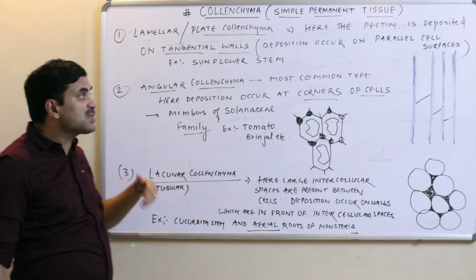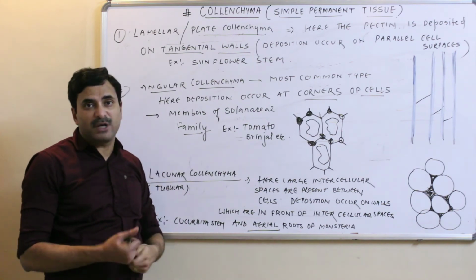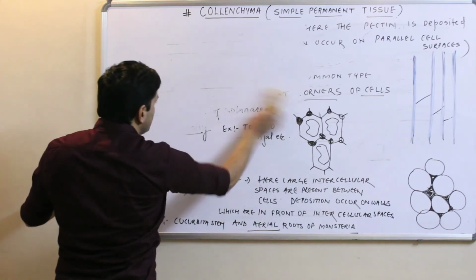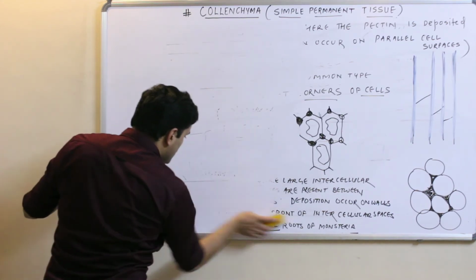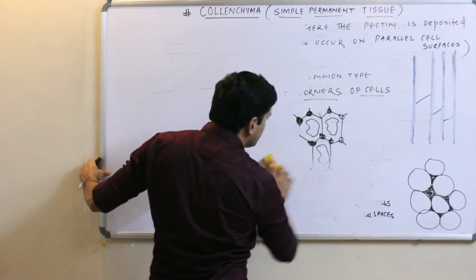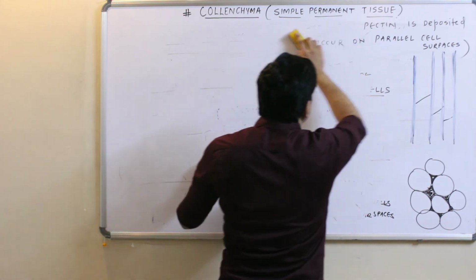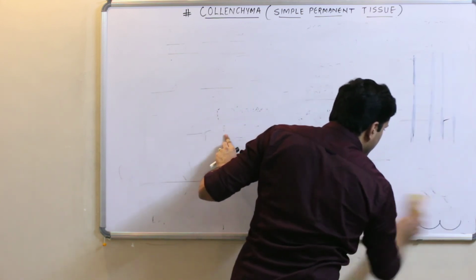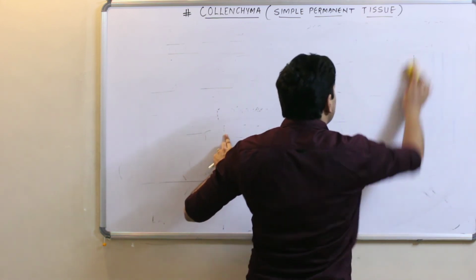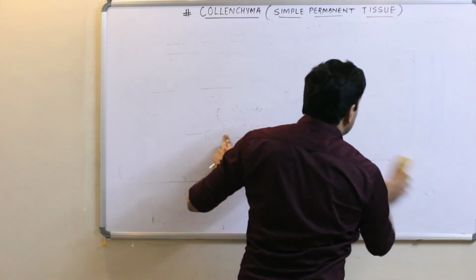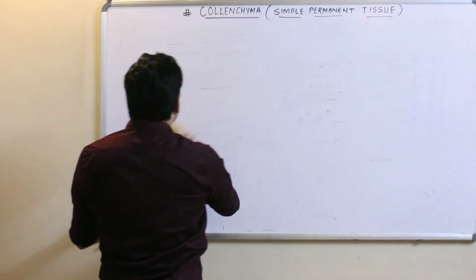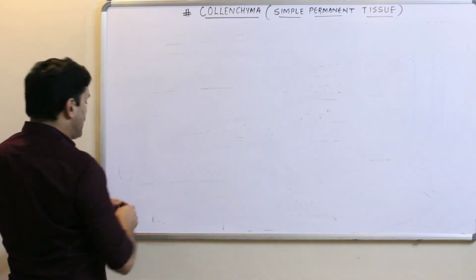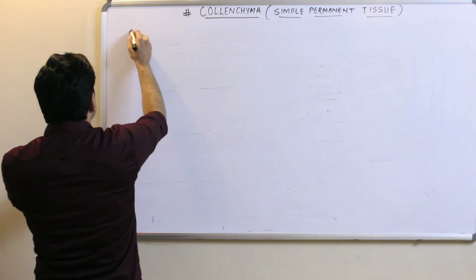Alright, and at the last we are coming to the functions of the collenchyma, which are also very, very important. So let's talk about functions. Number one is that it provides mechanical support. Though it is a living tissue, it provides mechanical support to the young dicot plants.